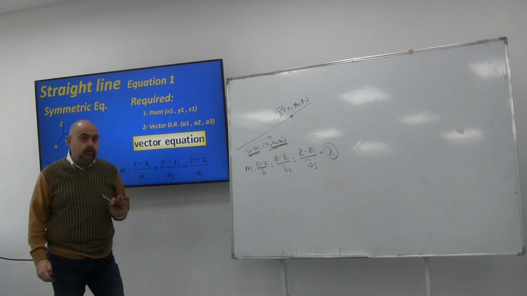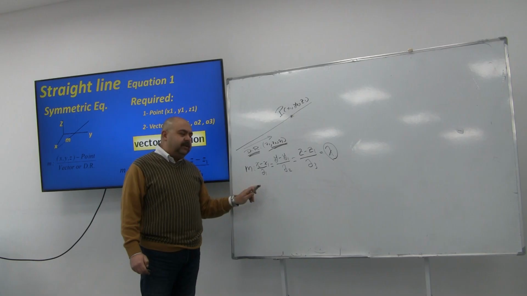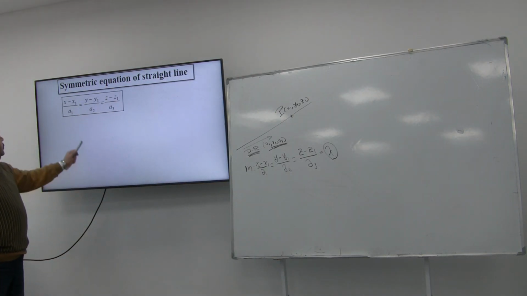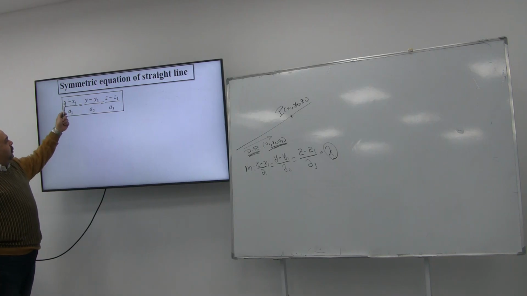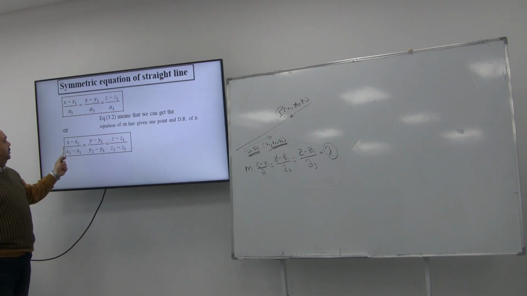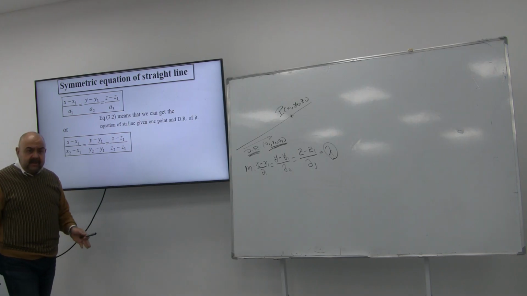This is really very important to remember, that I have the point on the numerator and the vector on the denominator for this equation. Okay, this is mainly the equation that I'm telling you about, x1, y1, z1, a1, a2, a3. This is the equation, as I told you. And this is the exact formulation from this equation that we said previously.